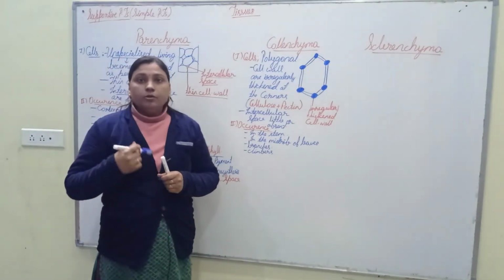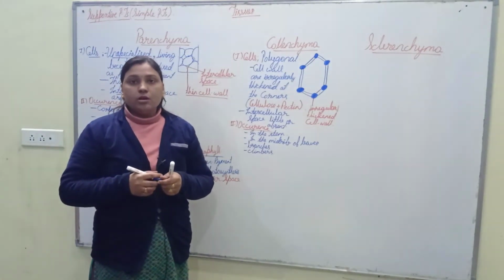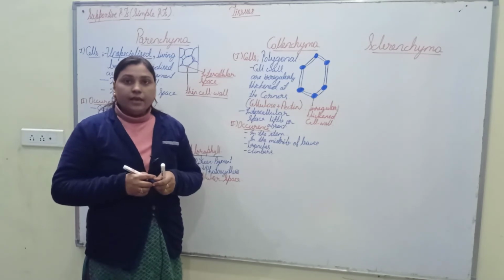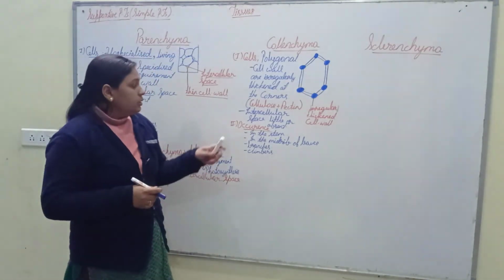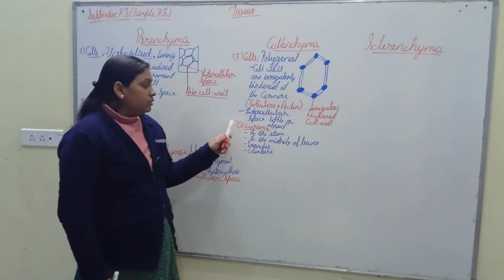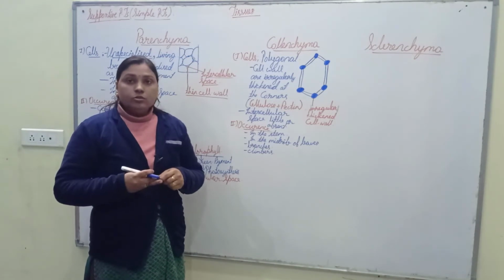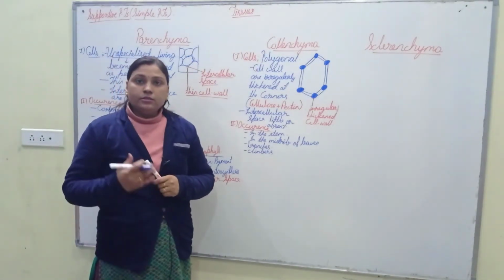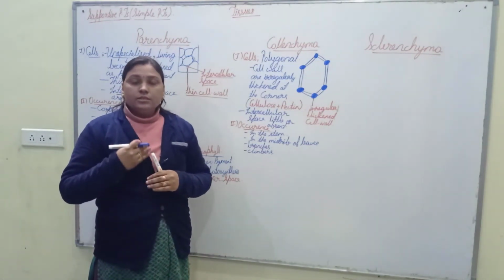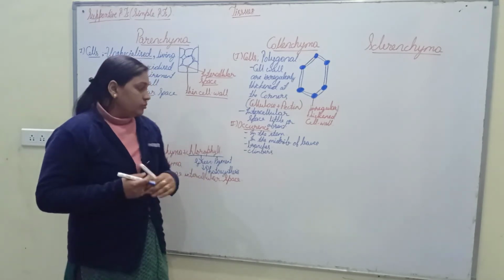So we might have heard the fluttering sound of leaves whenever wind blows, because of these collenchymatous cells. This allows flexibility and bending of branches and leaves whenever air blows.